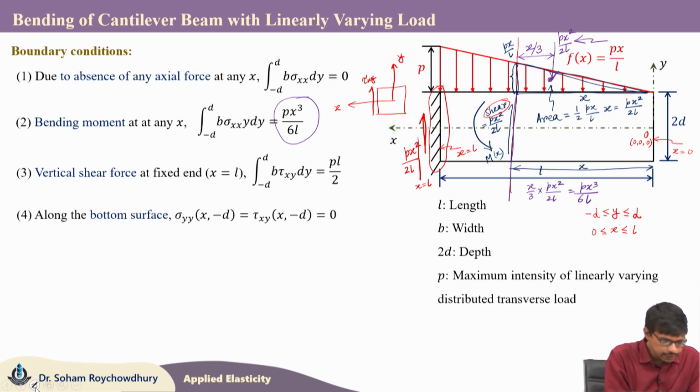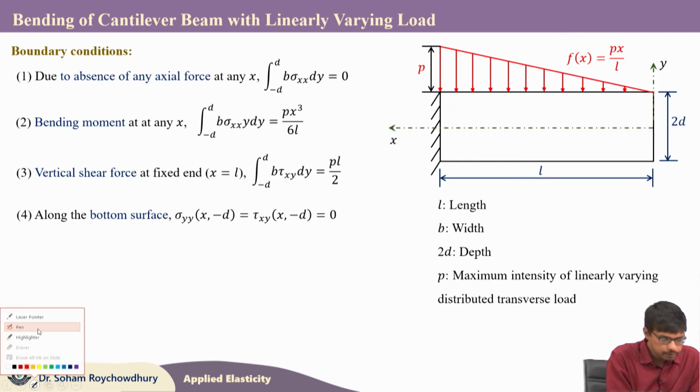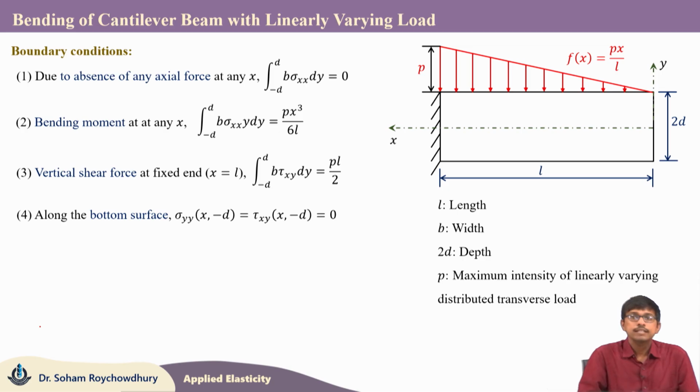Now, coming to the next one, along the bottom face sigma y y and tau x y should both be equal to 0. This bottom face is defined by y equals minus d, and it is free of any kind of normal or shear traction.